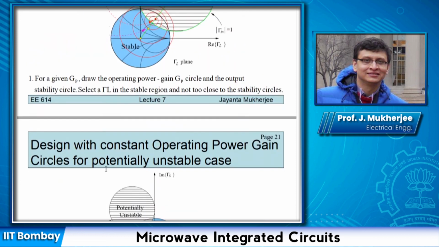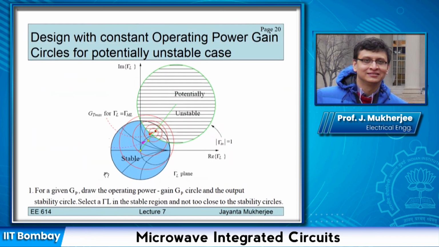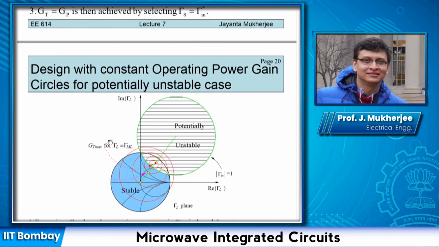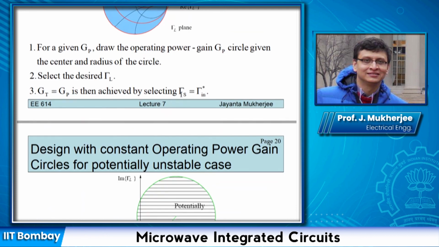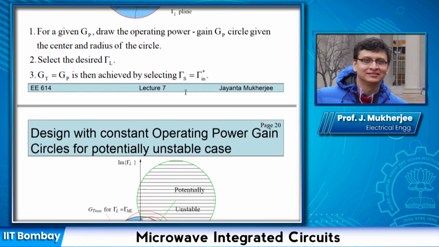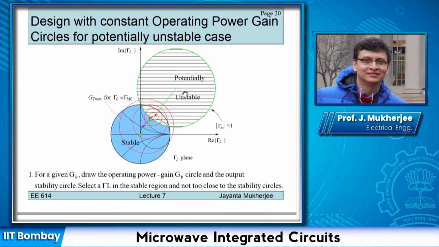But there is one more check you need to do. We select our gamma S as per this equation, gamma S equal to gamma in conjugate. But we now need to check whether this gamma S lies in the stable region of the input stability circle. So this represents the output stability circle with the constant GP circles.